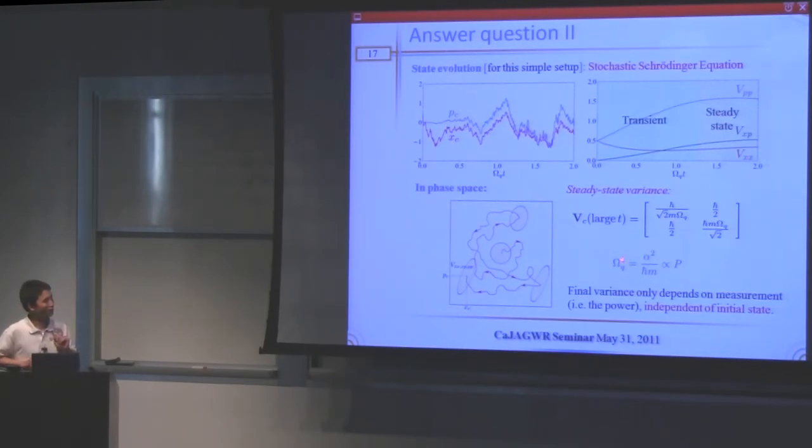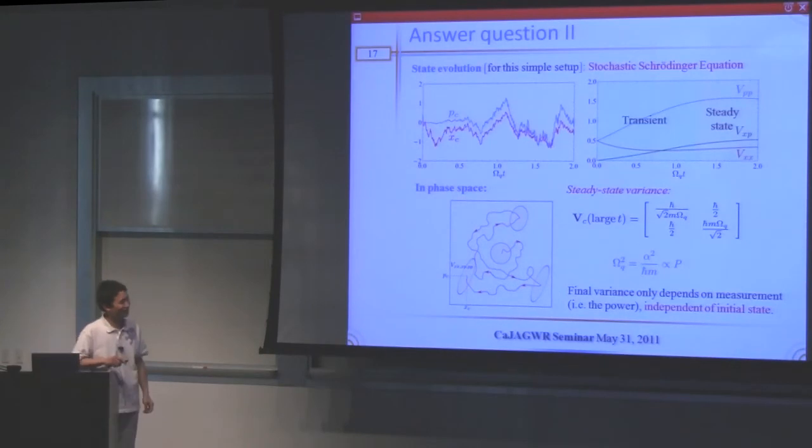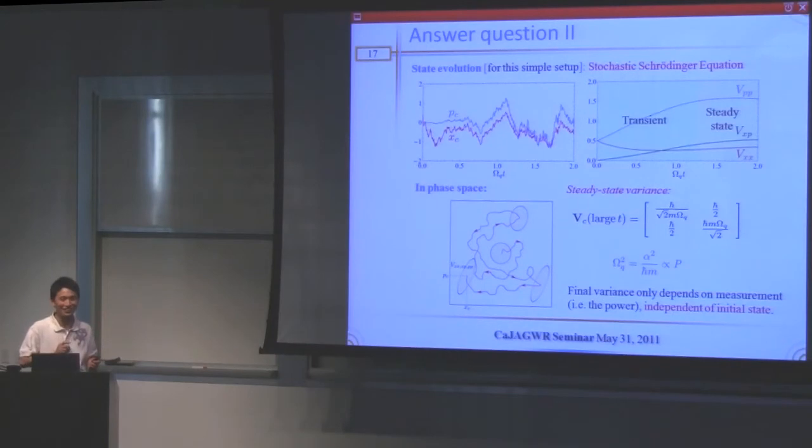And omega q here, which I defined from the previous input-output relation, comes from this alpha, which is proportional to the power. Okay, so it will become clear later. This omega q is actually the frequency at which the quantum noise touches the standard quantum limit.